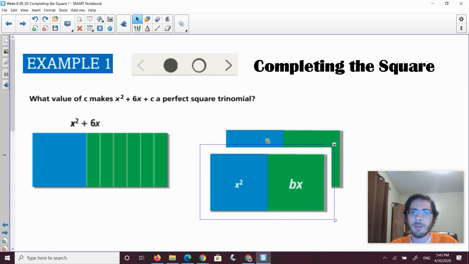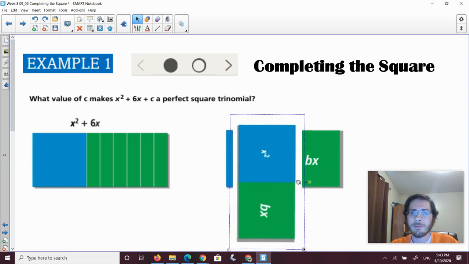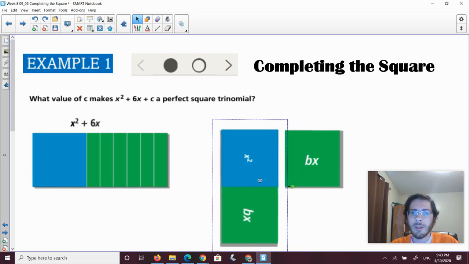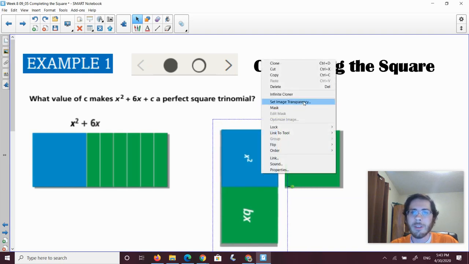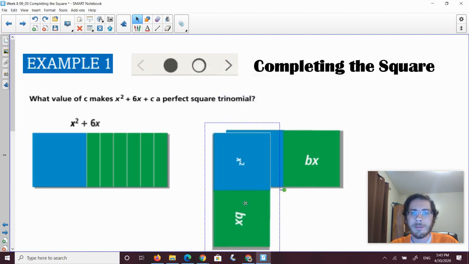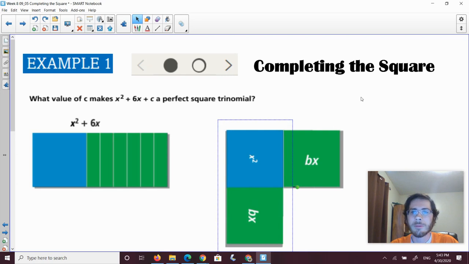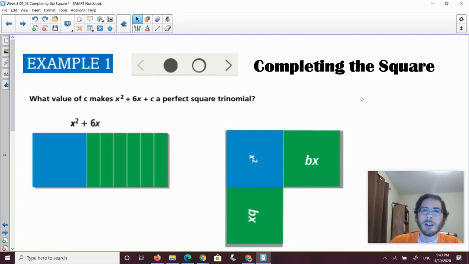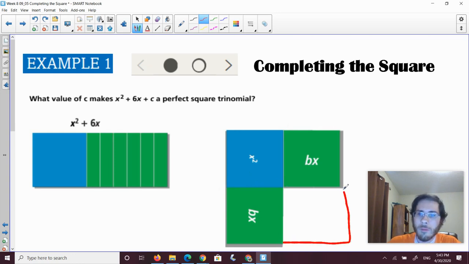Let's make a square out of it. Set my transparency so that it looks a little bit nicer. There we go. Looks like a square. All I need to do is fill in this part down here. So if I know what I can fill this part in with, I should be good to go.